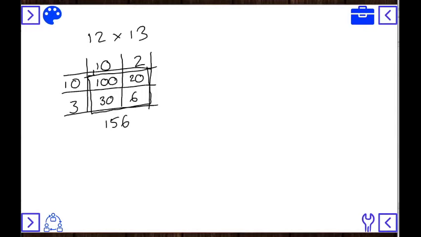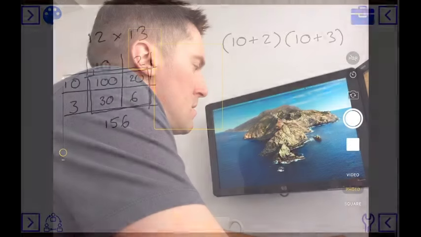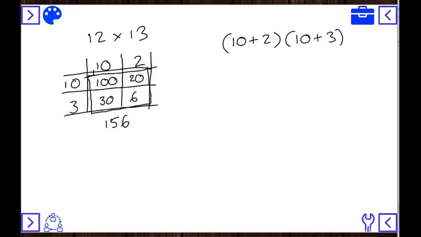Now what if we said, okay, this is great, but what if I did choose to keep this as its broken up version involving brackets? Well, as you can see, the first box on this side meant that we needed to multiply 10 and 10 together, in which case if I draw an arrow to here, 10 times 10 would be this box here.